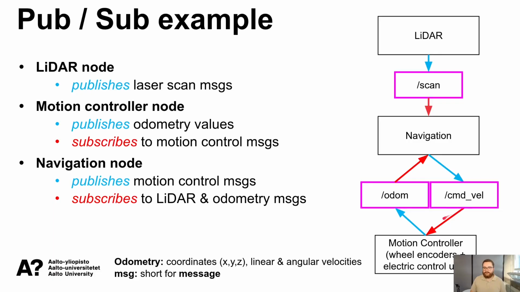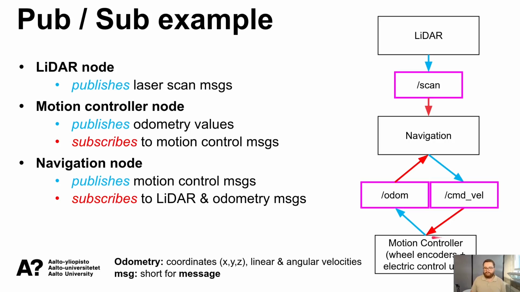And we have a motion controller that is subscribing to these motion control messages. This motion controller could be a piece of software that, based on these commands, is using the motors in a suitable manner, so controlling the motors. For example, electric motors that are equipped with encoders. So the motion controller is controlling the motors, and in addition to that, it's reading the rotational speed of the motors or the wheels.